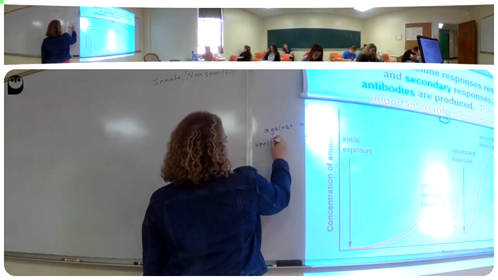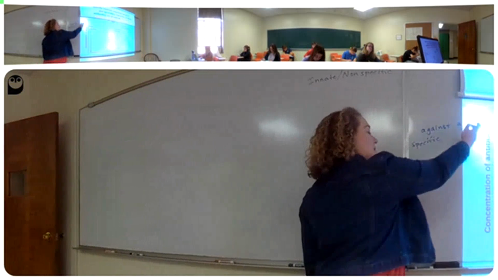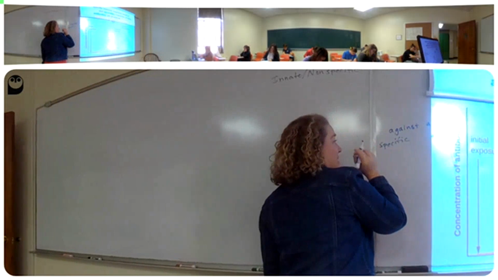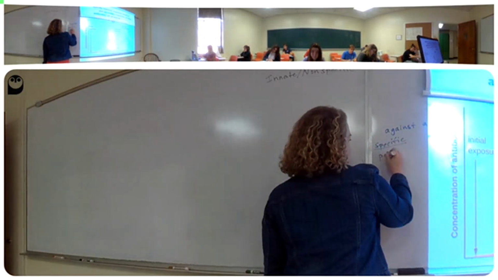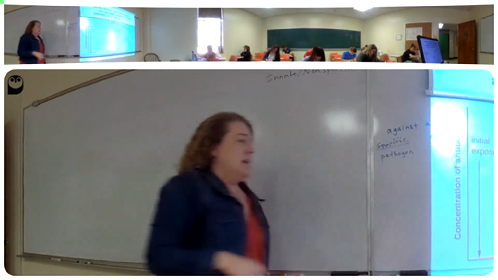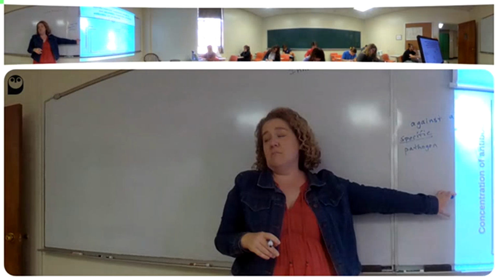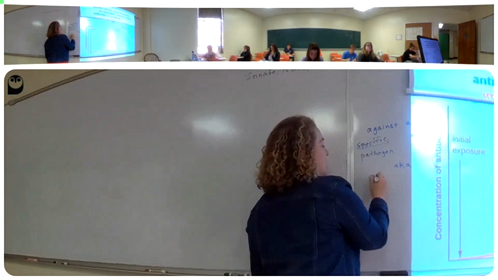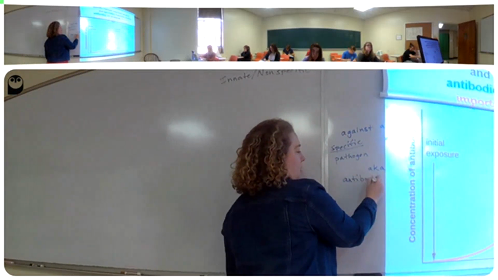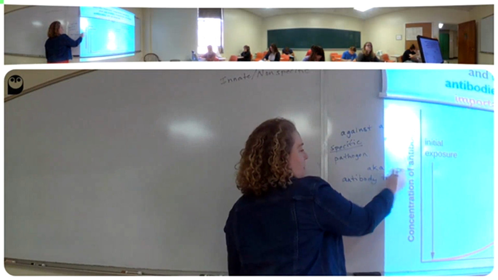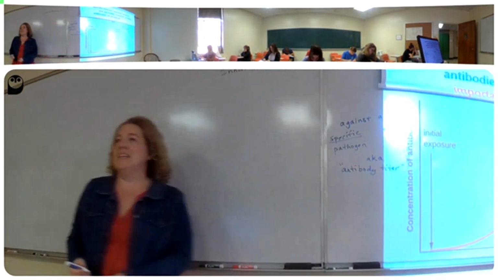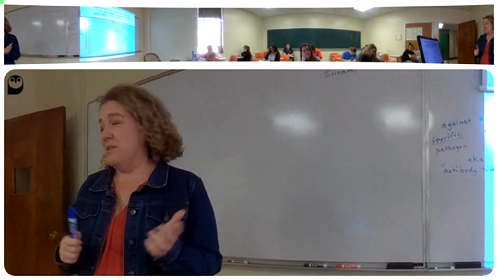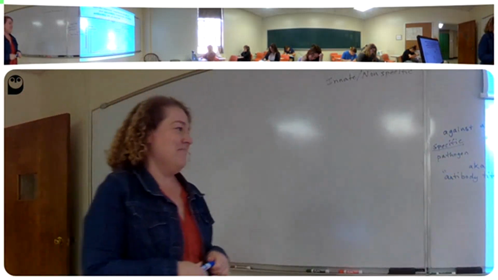This will make more sense in a minute when we talk about what antibodies are, but you've probably heard of antibodies. This is a measurement of antibodies against a specific pathogen. We normally measure these in plasma or in serum. It can also be known as the antibody titer, T-I-T-E-R, antibody titer. Around here, people say titer. That's what that means. It's a concentration of antibodies.